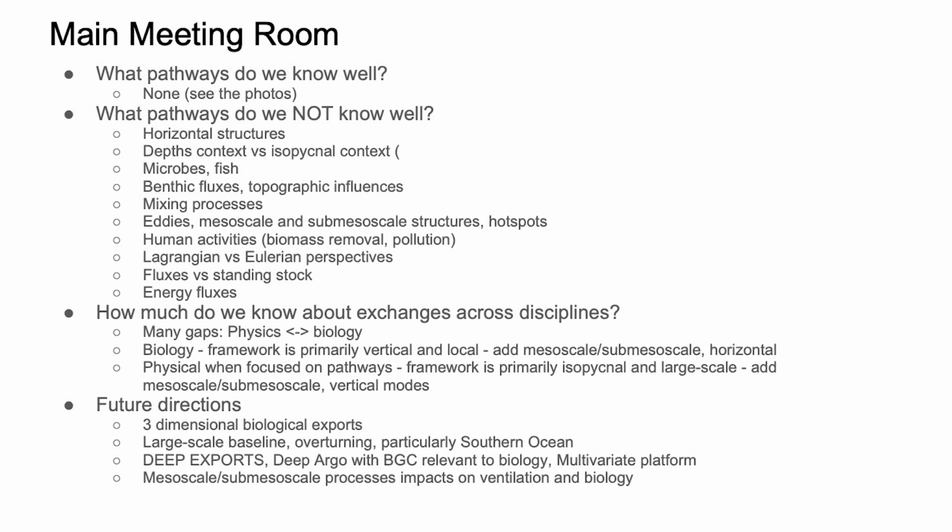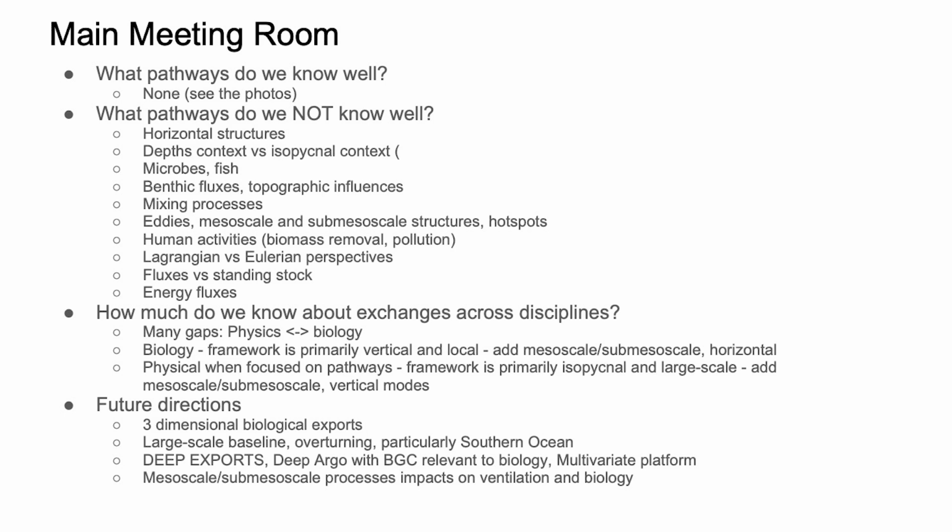How much do we know about exchanges across disciplines? I added a little bit to this morning. We said there are many gaps, but my main takeaway from listening to the whole discussion is that the biology sector of the room is thinking vertically, and the physical oceanography overturning pathways group is thinking on really large horizontal scales and overturning to the abyss. So we get to the abyss in very different ways.